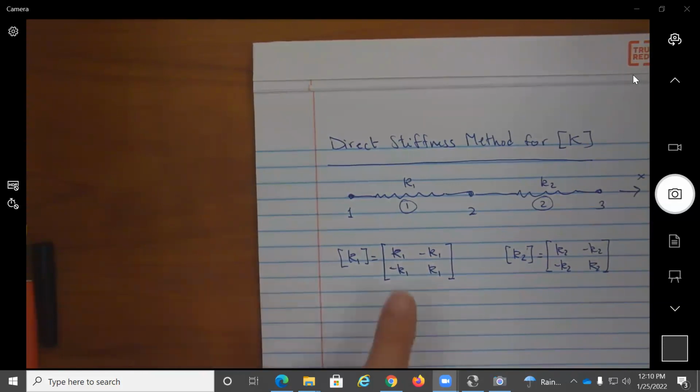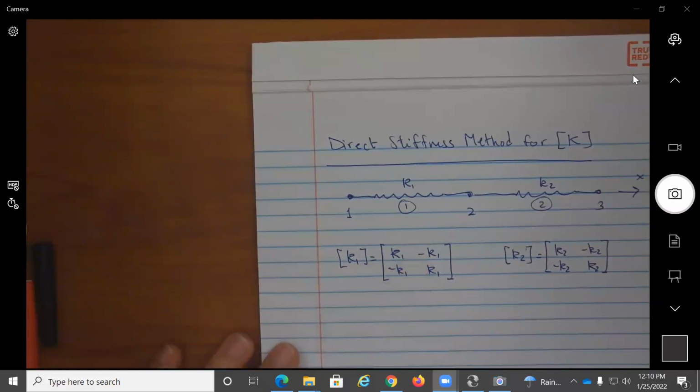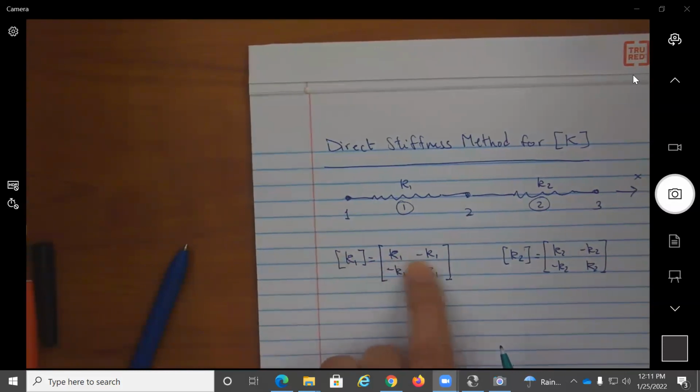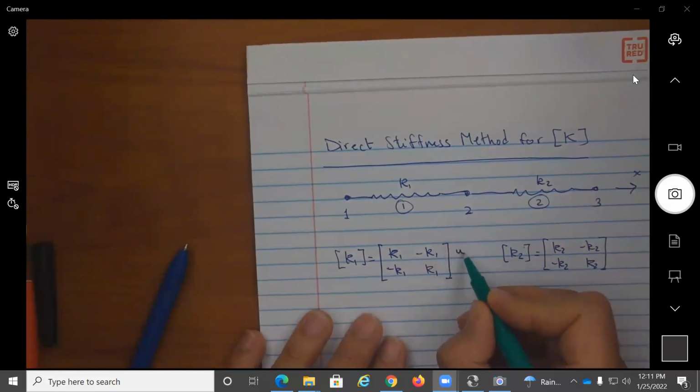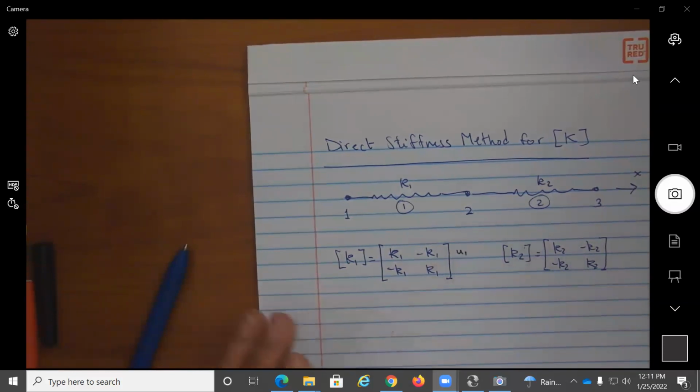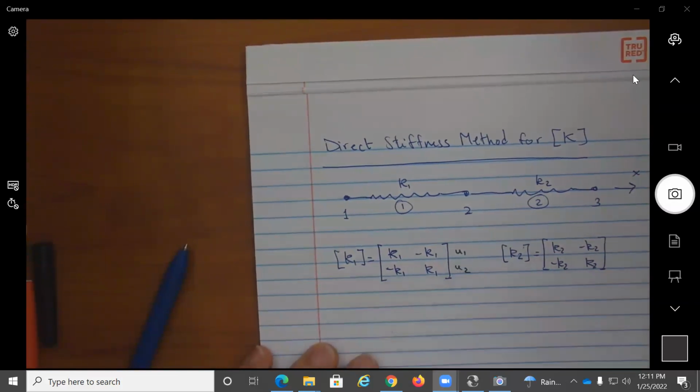And I'm going to identify for each of these element stiffness matrices the displacement that relates to each row and column. So I will come here and say this stiffness matrix K1, the first row is multiplied by U1. So that's the degree of freedom that is associated with the first row. And for the second row, I have a U2.